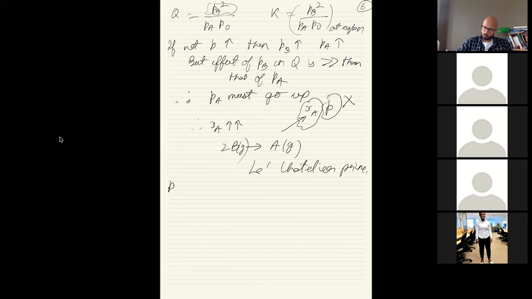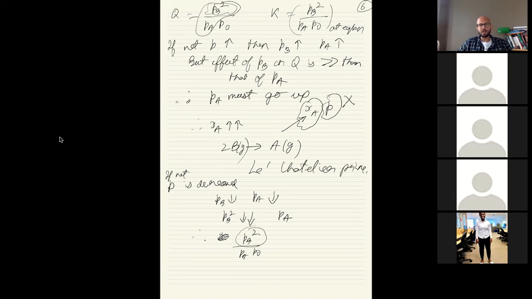Now, you can go through the reverse argument and think about what happens if net P is decreased. Then PB drops down, PA drops down, but PB squared drops down much faster than PA, and that's what you have in the ratio over here. You are looking at the ratio of PB squared by PA and P naught, and this term is dropping down very quickly, while this term is dropping down slowly.